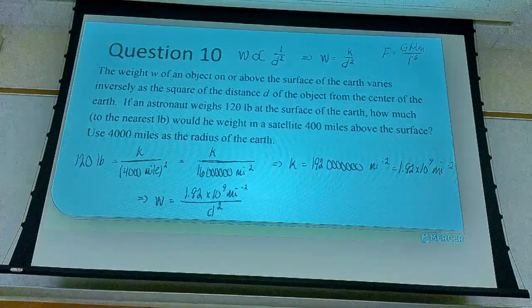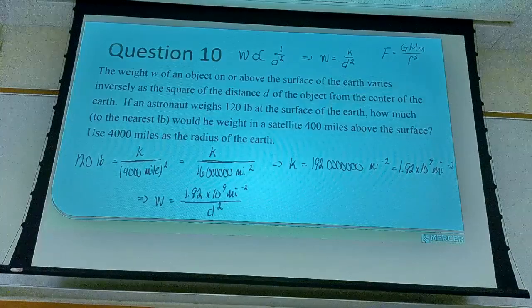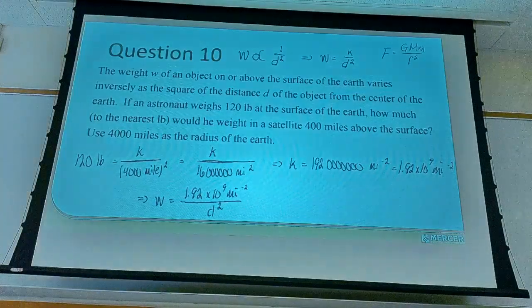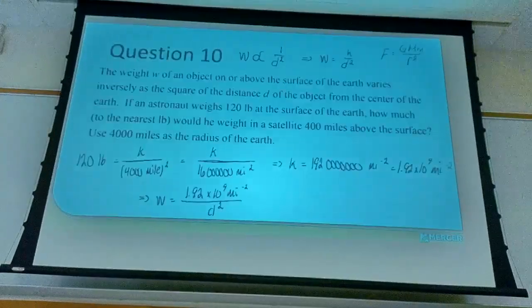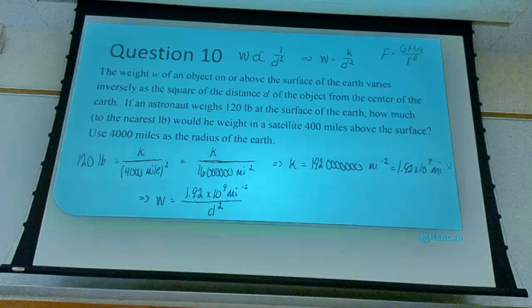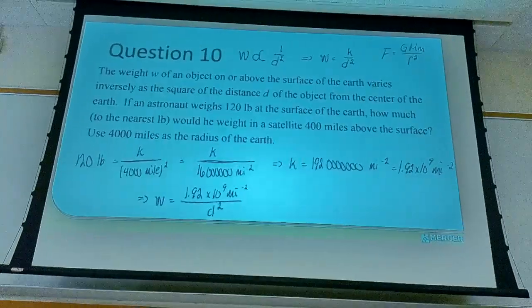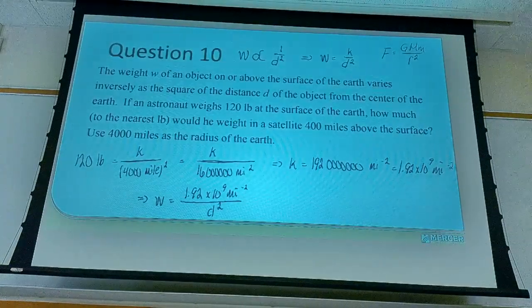So for B, now we do 400. Not 400, he's 400 miles above the surface. What was the distance at the surface? 4,000.